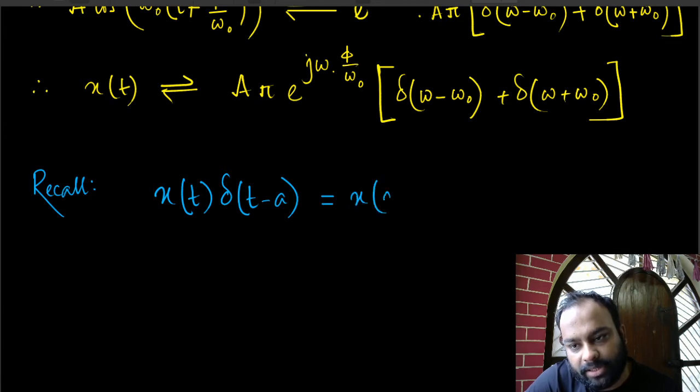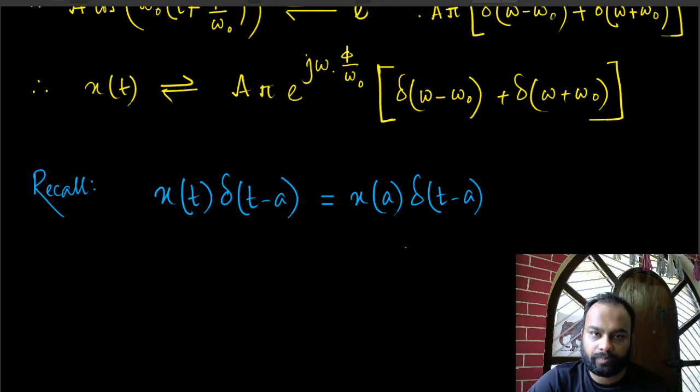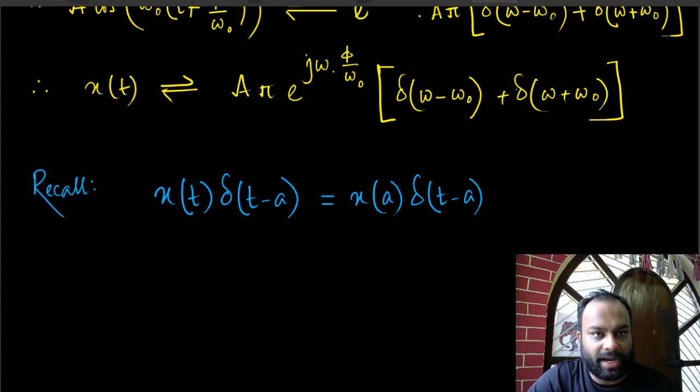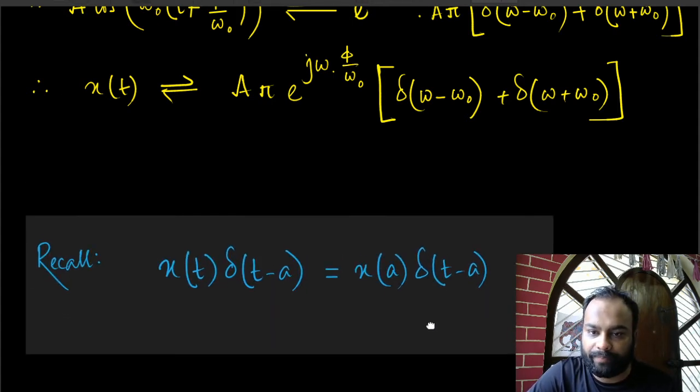We established this in our last class. So now you can see this e to the power j omega phi by omega naught is multiplied with these deltas. Please let me know if you don't understand what I'm saying here.